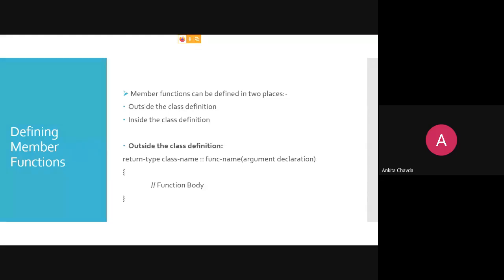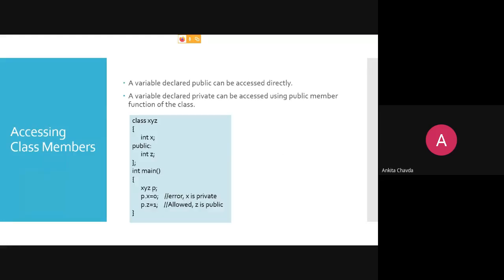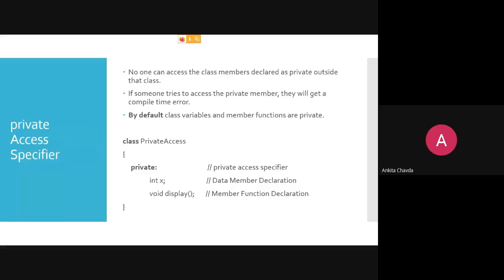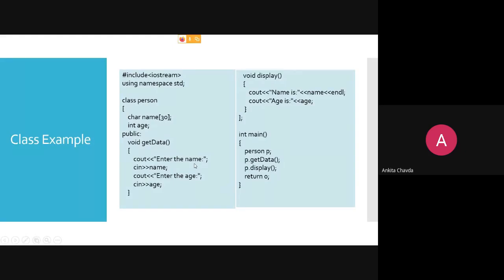Now, defining the member functions. There are two ways you can define your member function: one is inside the class and one is outside of the class. In the example that we saw in our previous session, we defined our functions inside the class: void get data, void display.